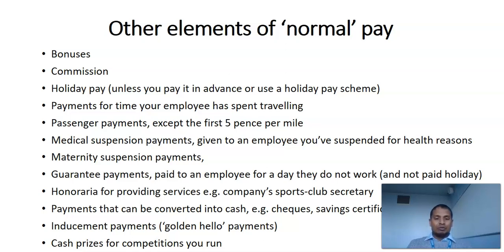Companies, sports club secretary. If you have some sort of extra responsibility you perform for the organization, you get extra payments from the organization. This is also part of your payment that can be converted into cash. In some cases you are eligible for some benefits but you didn't take them, and that's why you would be paid that amount in cash.